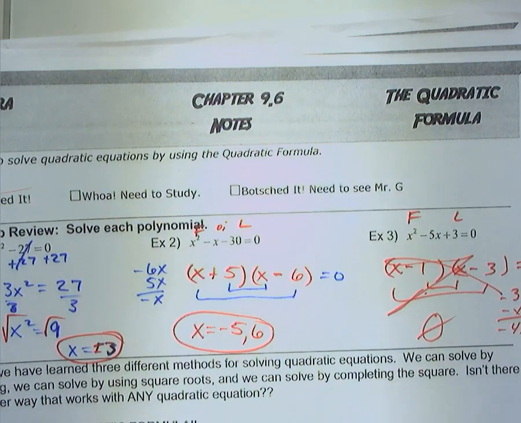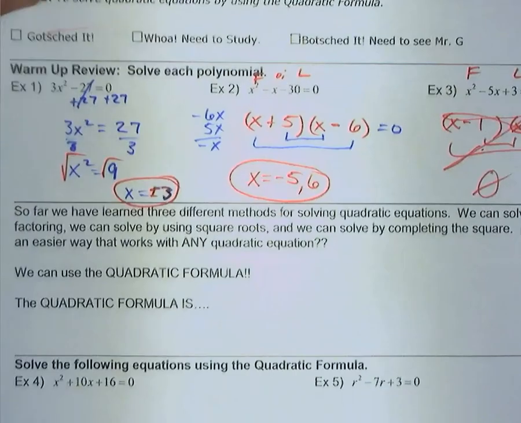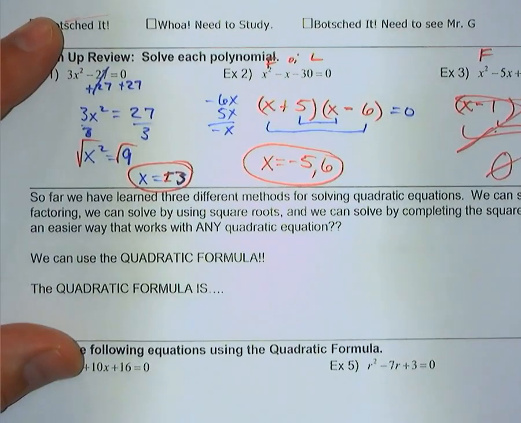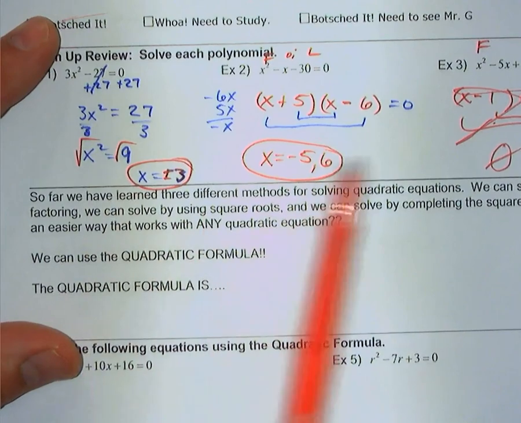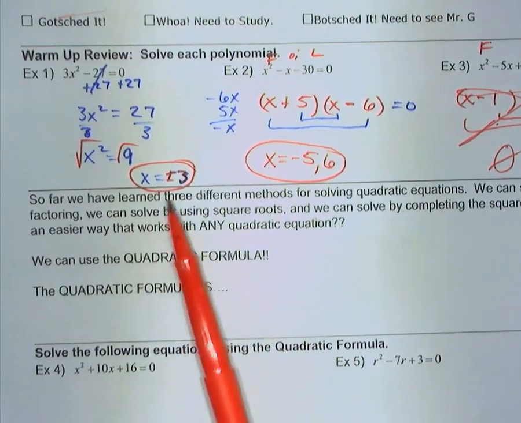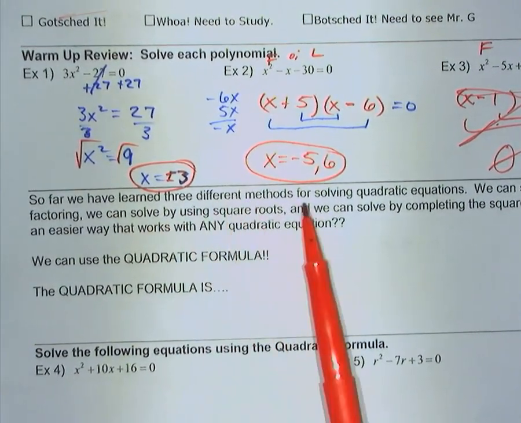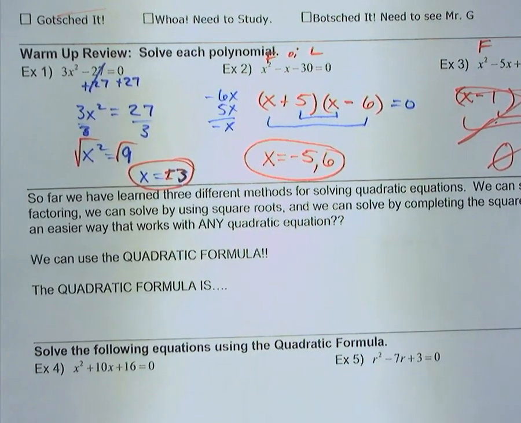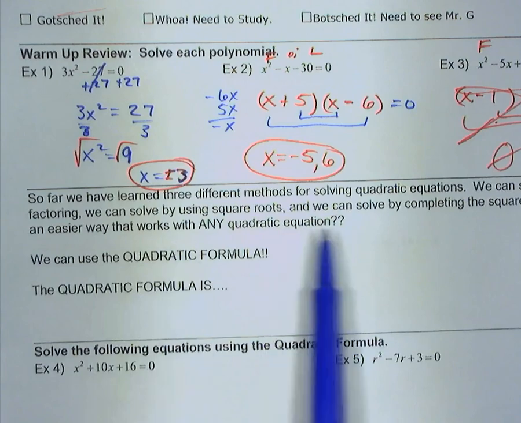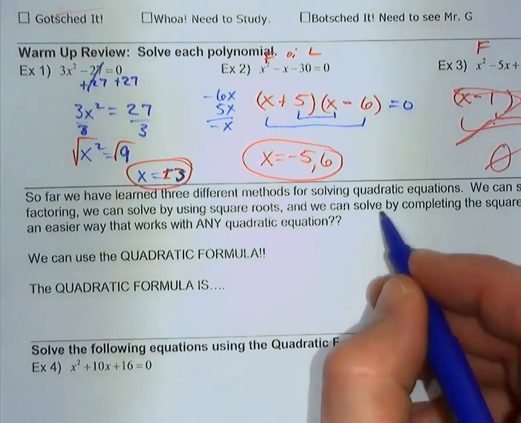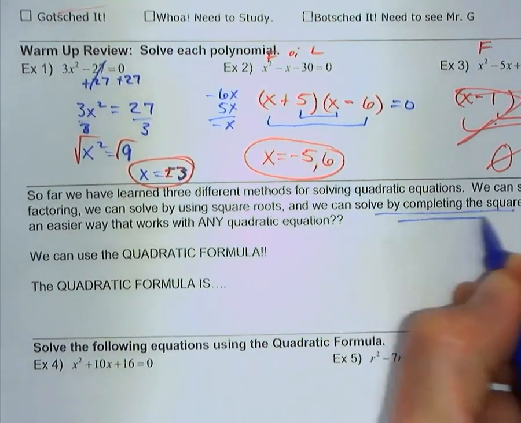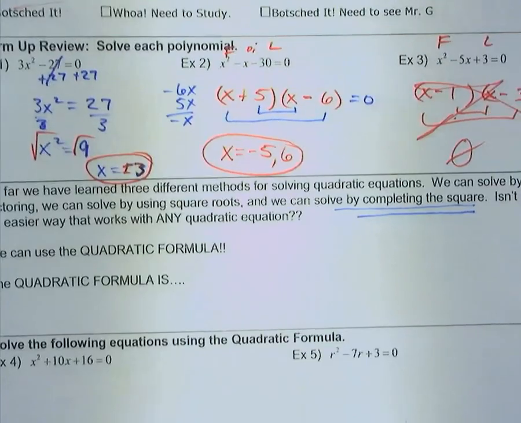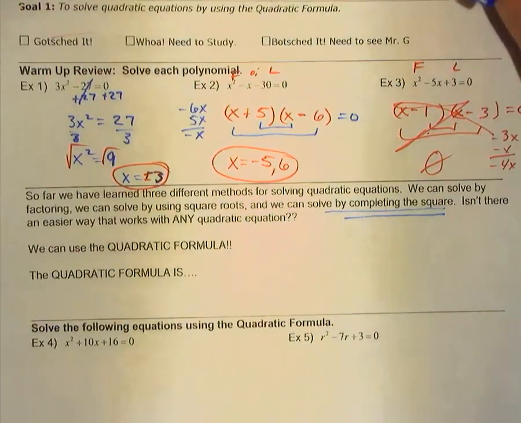So far we've learned at least two methods. There are more than just those two of solving quadratic equations. We can solve by factoring. We can solve using square roots. And completing the square is something that you could dive into, but with you guys, we are not going to do this year. So I've bypassed that. I've taken a section out.